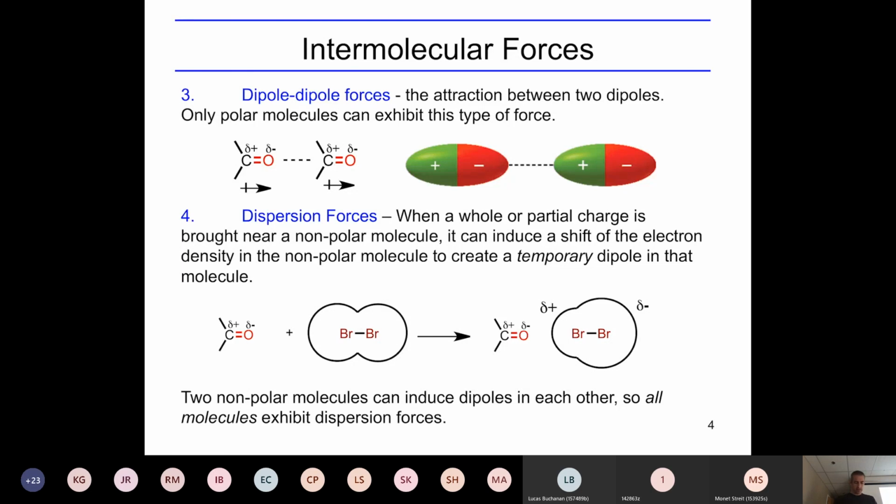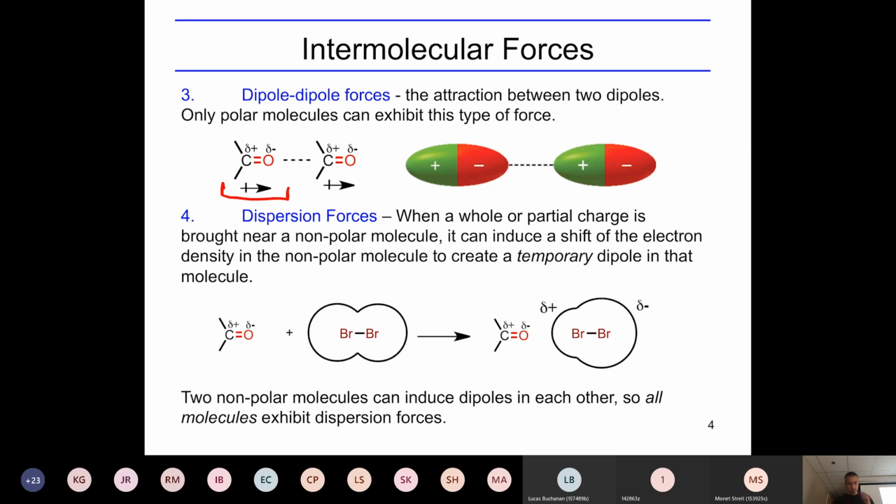You can see this is, again, acetone, which is used in nail polish remover. The negative oxygen is attracted to the positive carbon in the next molecule. This can extend in 3 dimensions throughout a solution and holds all the molecules together in one phase.